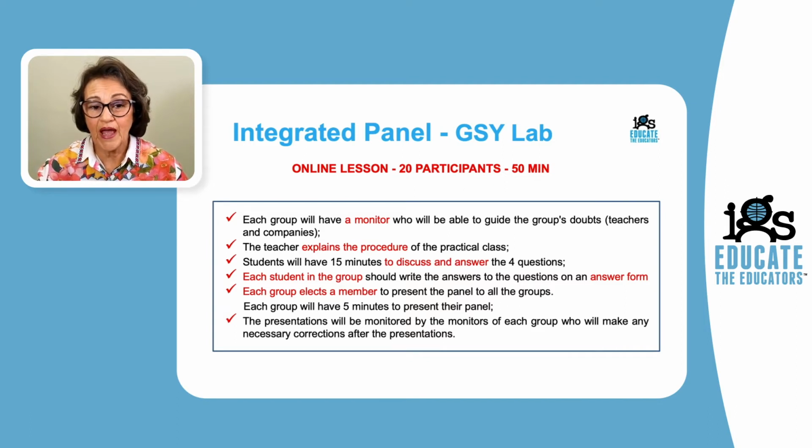Each group elects one member to present their conclusion to all the other students of the class. The speaker will have 5 minutes to present their results. At the end, the teacher will make any necessary correction for each presentation.